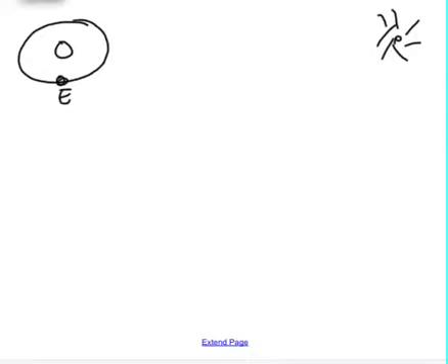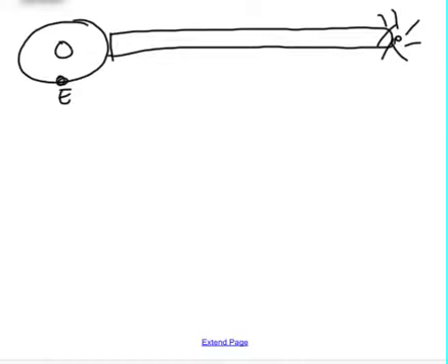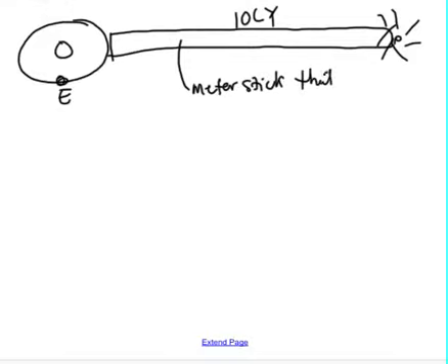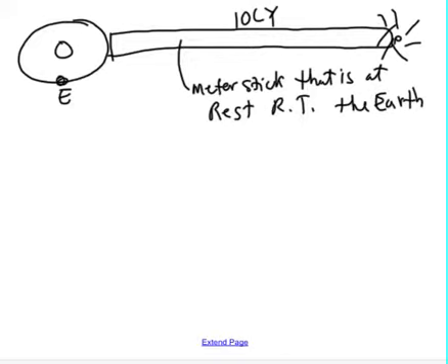Now, what I can imagine doing is taking a gigantic meter stick, putting one end at the Earth, the other end at the star, measuring a distance of 10 light years, and this is a meter stick. That is at rest relative to the Earth, ignoring the relatively small orbital speed of the Earth compared to our rather gigantic speeds going to distant stars.